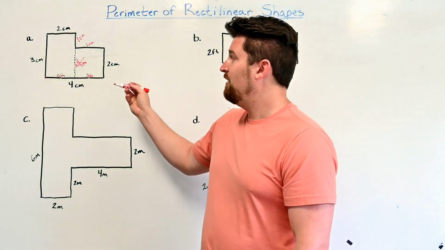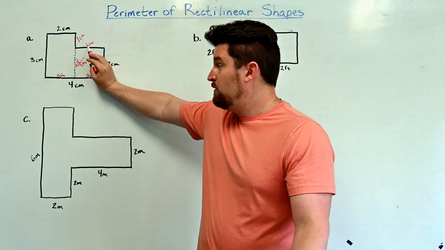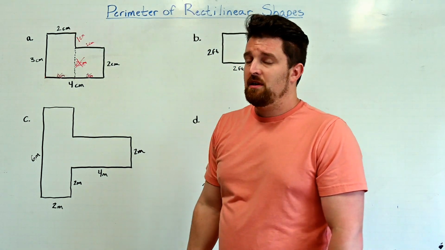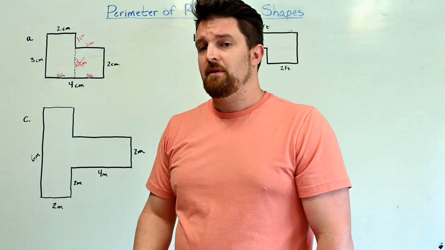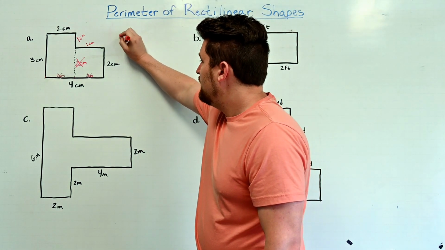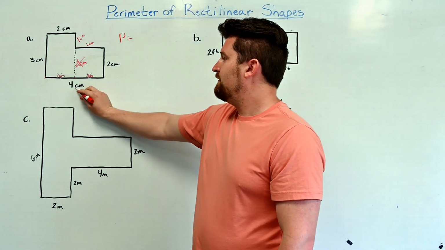Okay? Now, would I use this 2? Yes, I do use this one because it goes around the outside of the shape. And I also use that one because it's also on the outside of the shape. So my equation to find perimeter, P is for perimeter, I'm going to have to start down here.